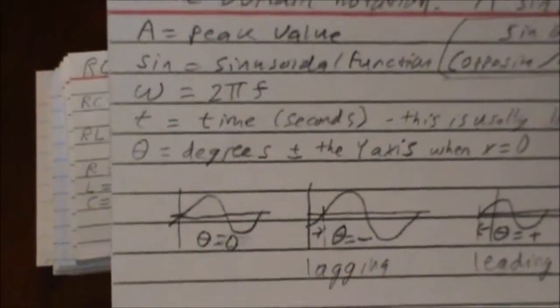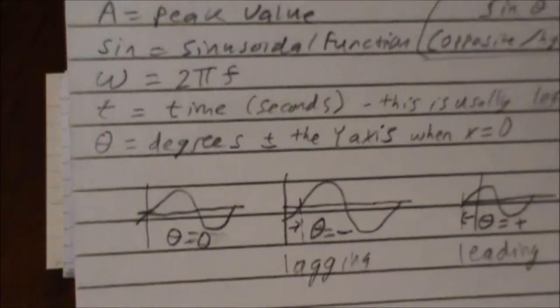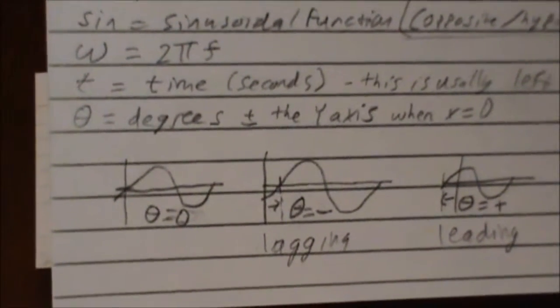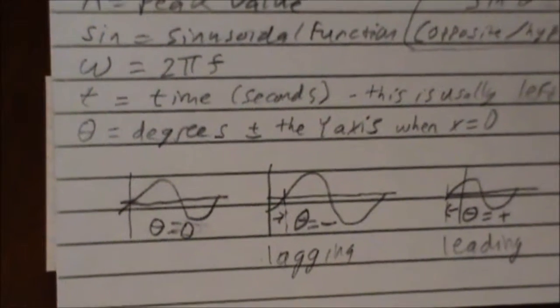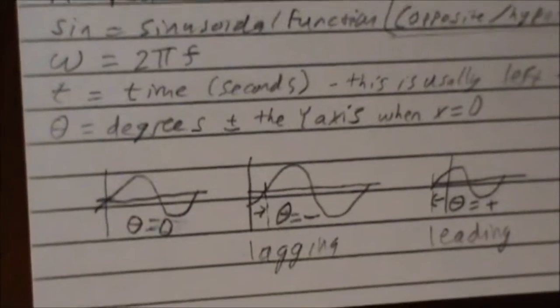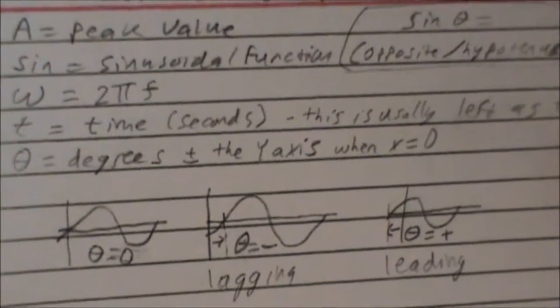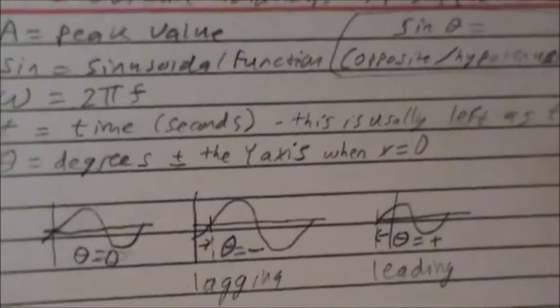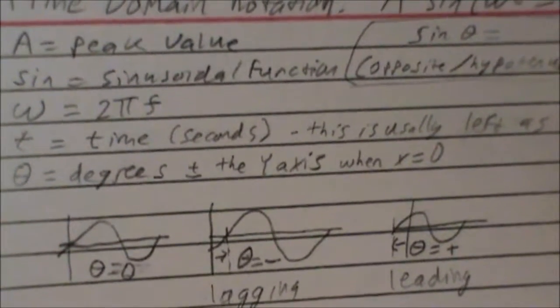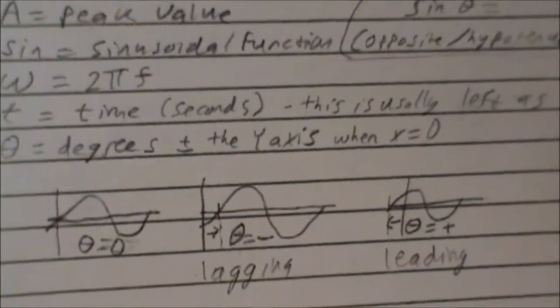So here we have an example that theta on the left equals 0. There's 0 degrees. But then we have a lagging or theta negative value when our x is equal to, say, for example, 1.